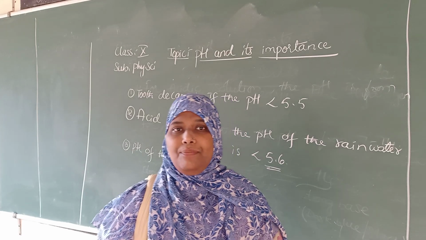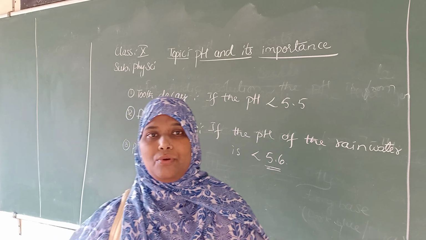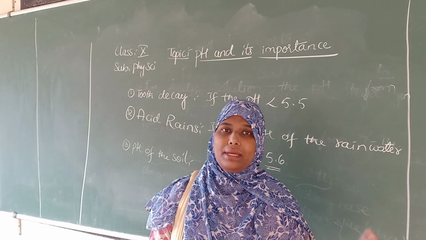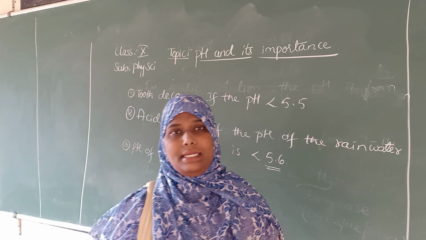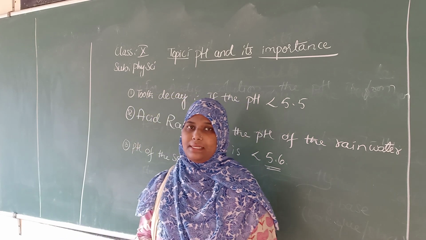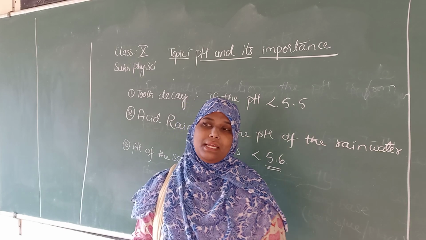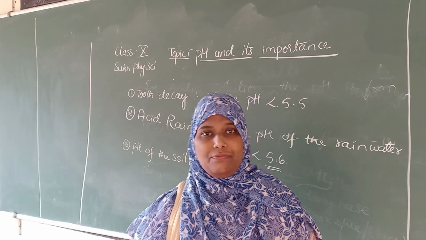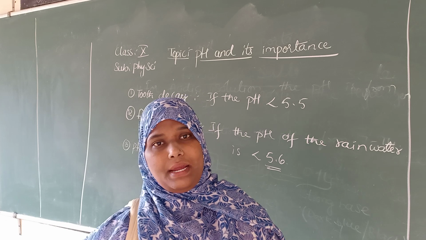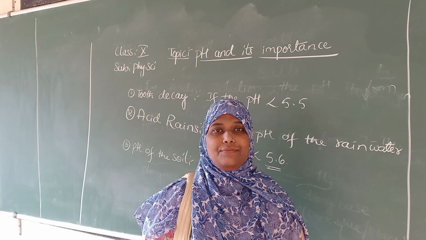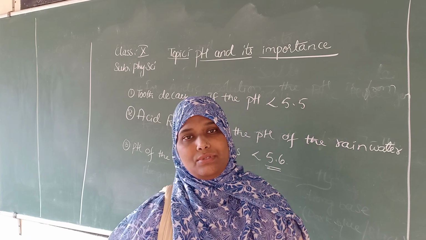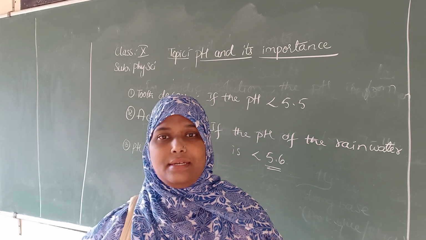It depends. Plants, to grow properly, require organic manure. Whenever the soil is rich in organic content, its pH would be acidic. As well, to increase the production and growth of plants, we use fertilizers. Because of excessive use of fertilizers, the pH of the soil changes, it turns acidic.